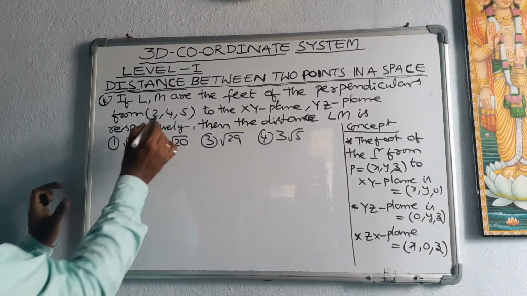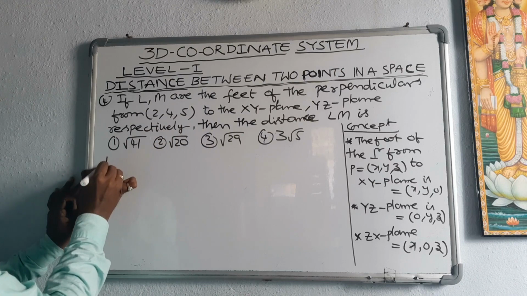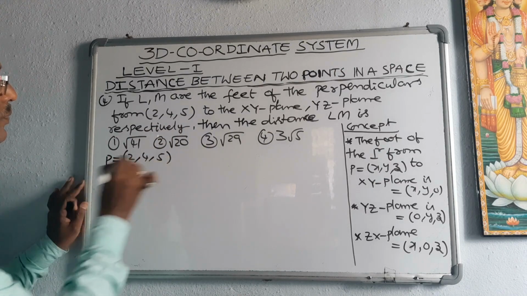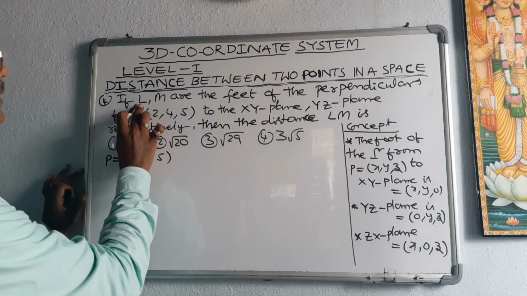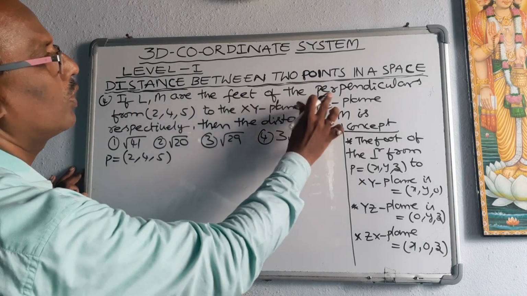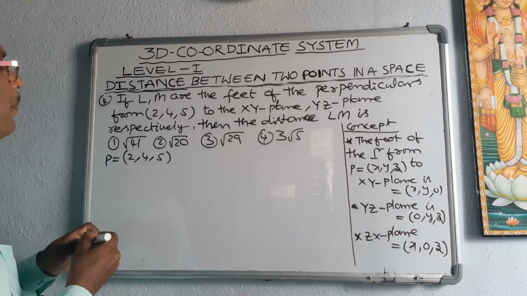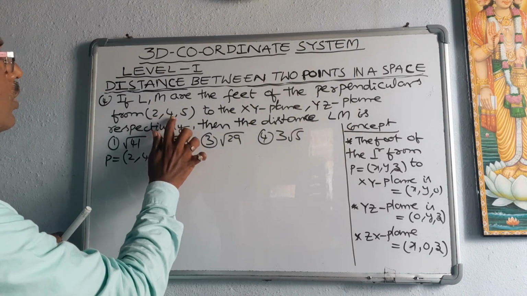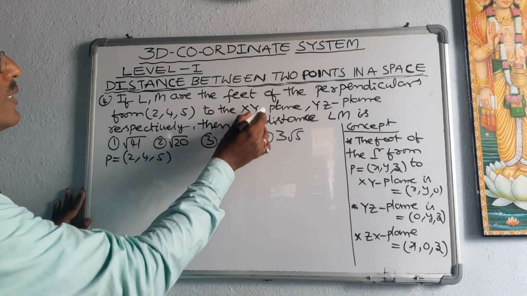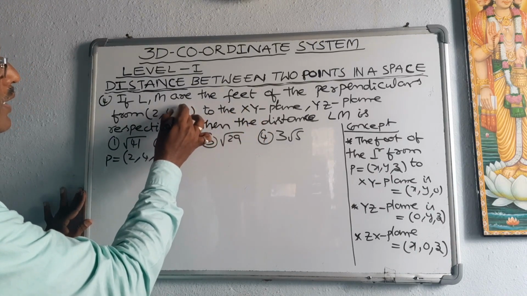Here the point P is given. P is equal to (2, 4, 5). L equals the foot of the perpendicular from P equal to (2, 4, 5) to the xy plane. For the xy plane the z coordinate is 0.